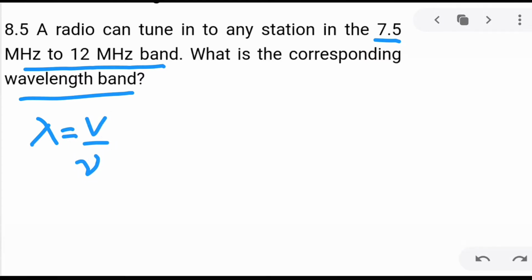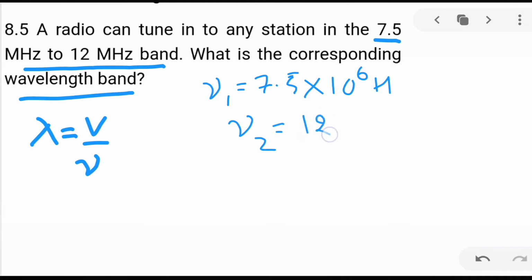Frequency nu 1 is 7.5 into 10 power 6 hertz, and frequency nu 2 is 12 into 10 power 6 hertz.